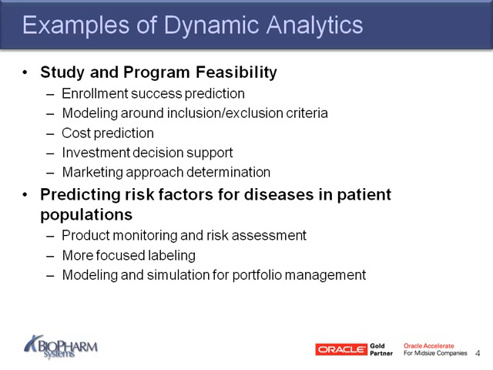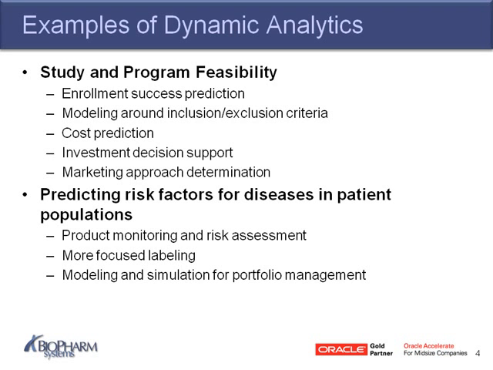I have some examples here just to give some context as to what we mean by dynamic analytics. The first main section talks about study and program feasibility. As you're planning your portfolios, programs, and studies, the types of things you would like to be able to do with a high level of accuracy are, perhaps, to predict your chance of enrollment success based on patient populations that exist within certain regions, certain characteristics.